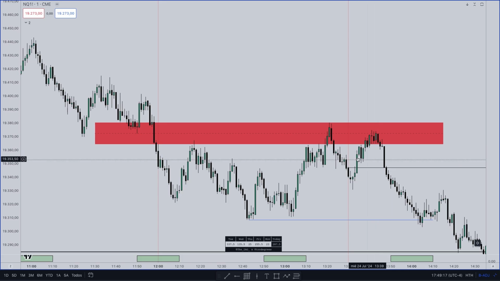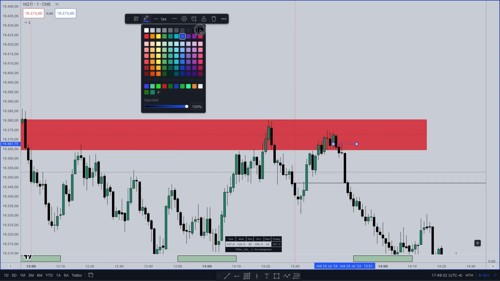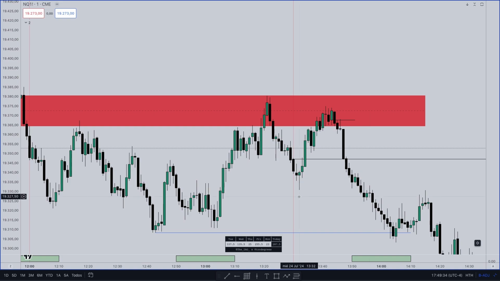But once I saw that we created this order block at the 50% and closed below the open of this candle, that is a change in the state of delivery. I took this short right here. Then all the bullish PD arrays created should act as inversion PD arrays, so I took another position right here.